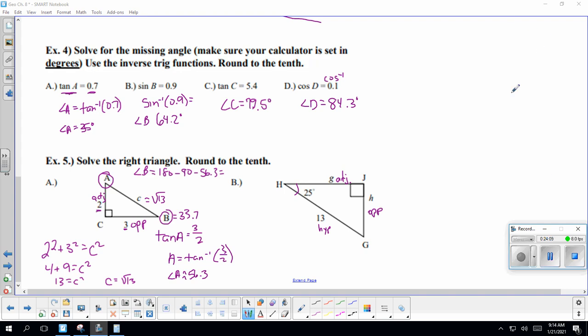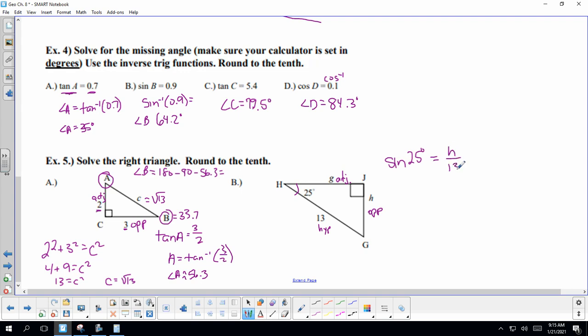All right, so let's find H first. So sine 25 degrees equals opposite over hypotenuse. This over 1, of course.